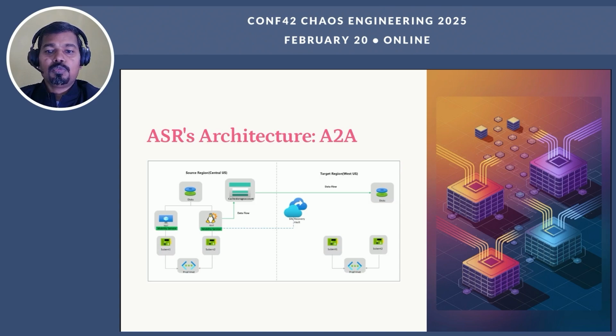Now let's look at all the components required to set up the Azure to Azure scenario. To set up Azure to Azure disaster recovery, you need the following key components. The VMs running in the primary region that need to be replicated to your disaster recovery target region.